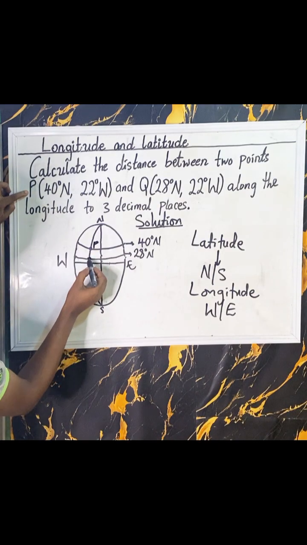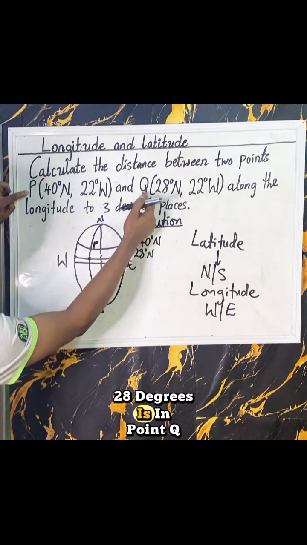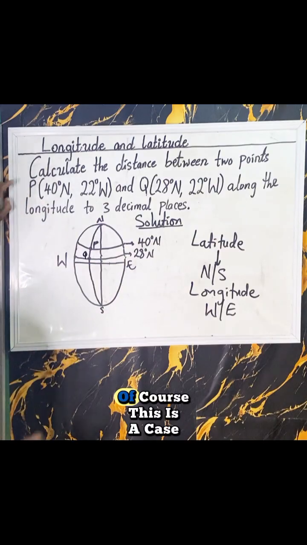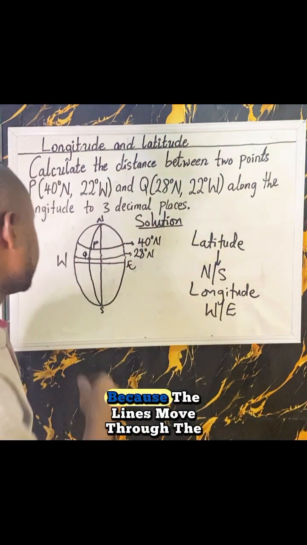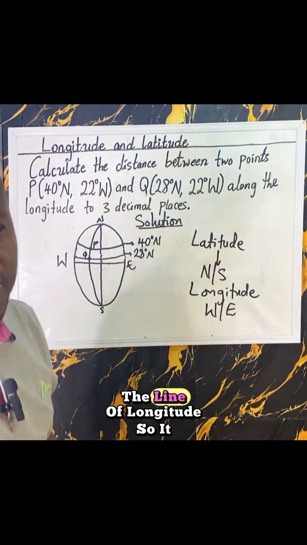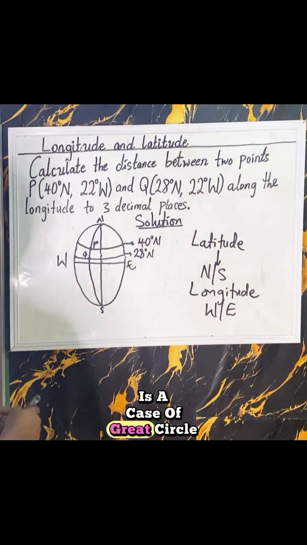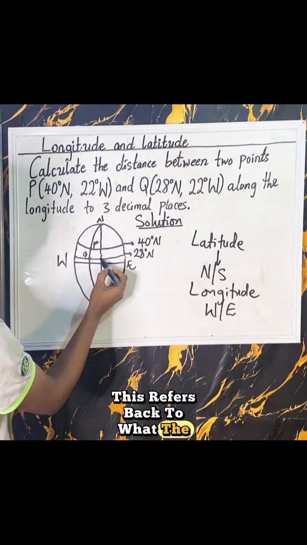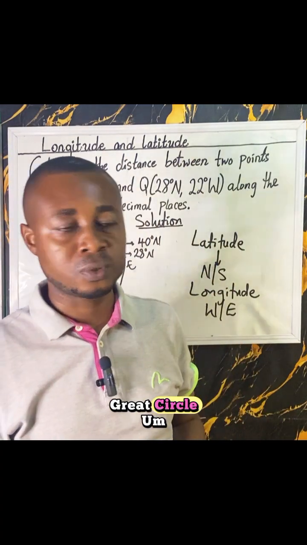So this is where they intersected. 28 degrees is in point Q. Here becomes your point Q. Of course, this is a case of a great circle because the lines move through the line of longitude. So it is a case of great circle. This refers back to the equator. You know, the equator is also a great circle.